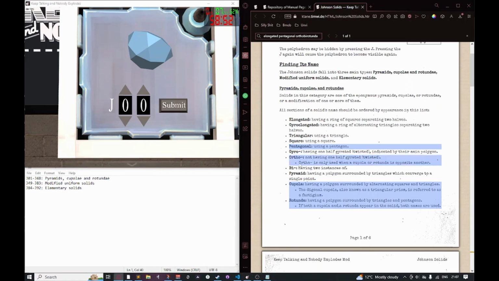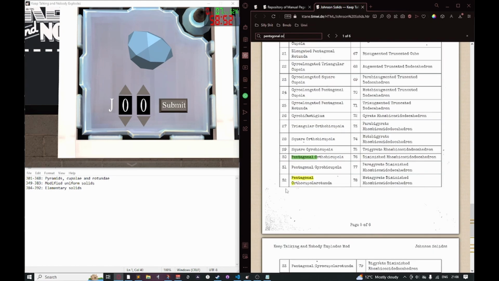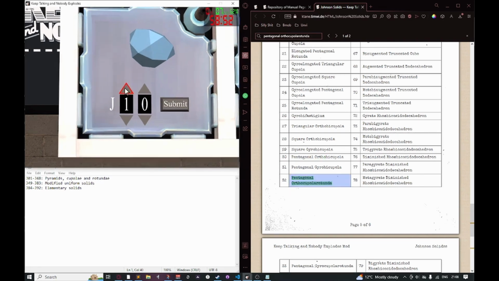So we have our name, which is pentagonal ortho cupola rotunda. As you can see here, if both appear in the solid, both names are used. So we call this a pentagonal ortho cupola rotunda, or cupola rotunda, which we see here is 32.